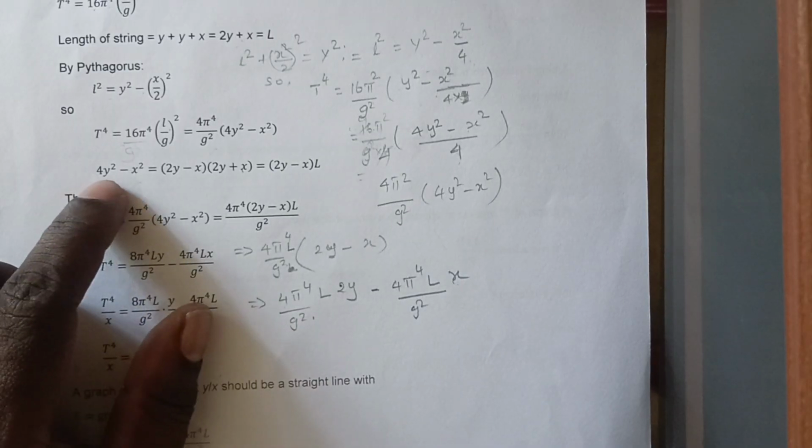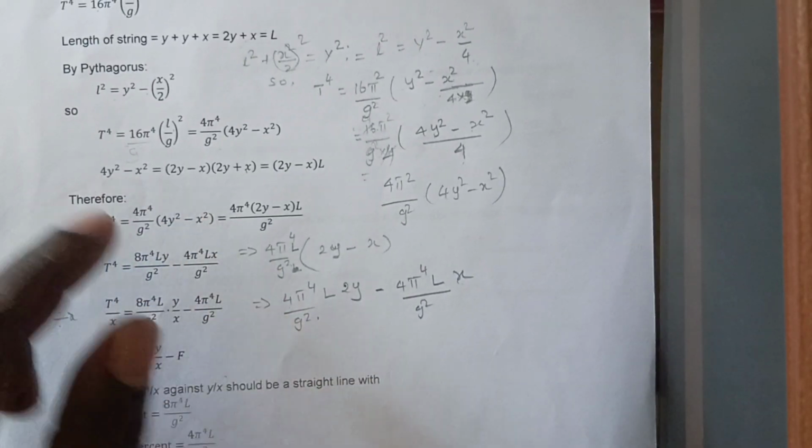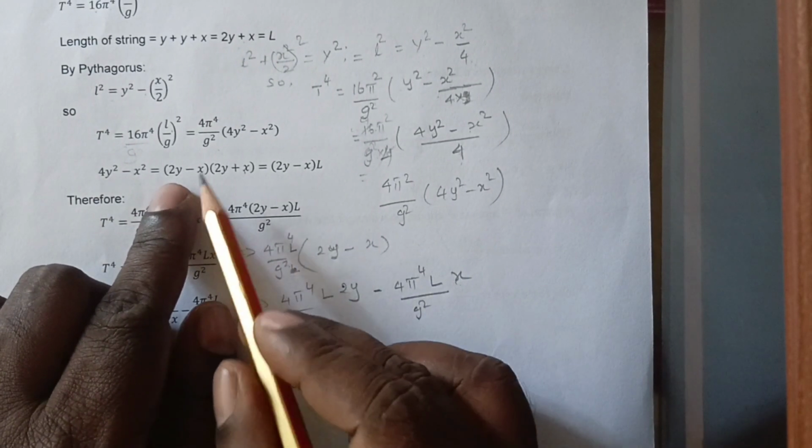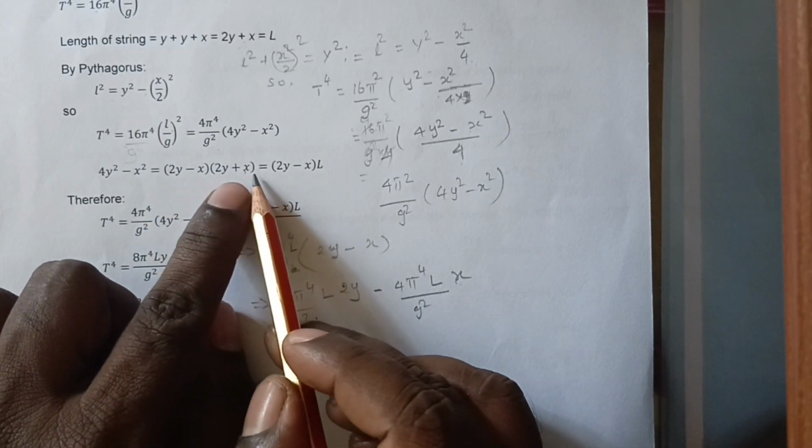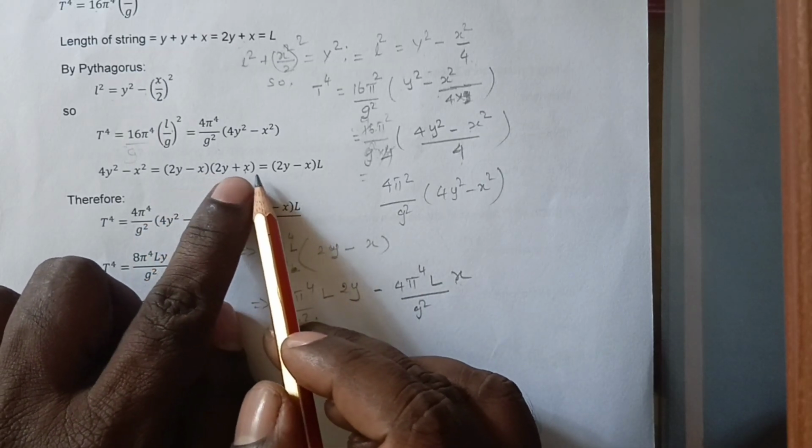So this is the constant value. 4y² minus x², we can write 2y minus x times 2y plus x. If you multiply this, 2y times 2y is 4y², x into x is x², plus into minus is minus x². So we write 2y minus x, 2y plus x.